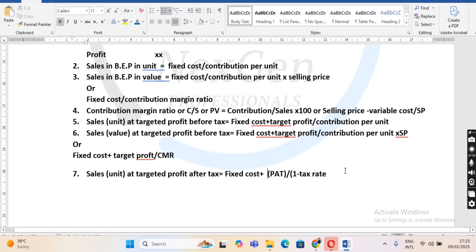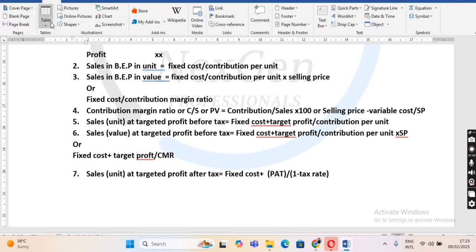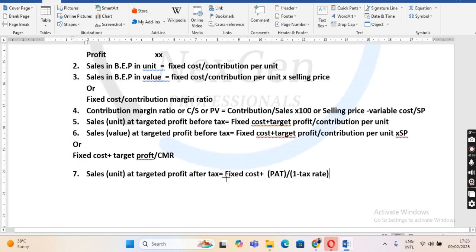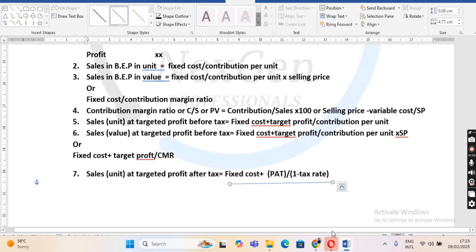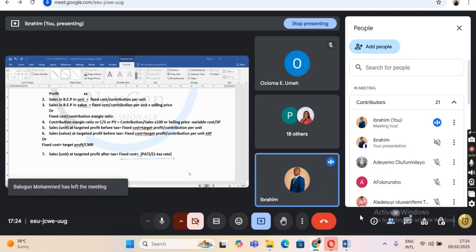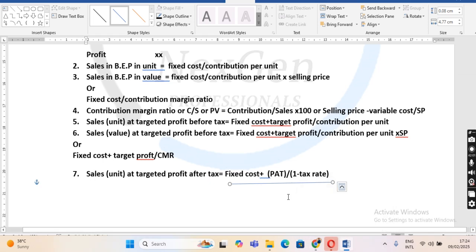Now, since it is in units, what should we use to divide it? Is it contribution per unit or CMR? Since we want to get units, class, Taufik, contribution per unit. Why?